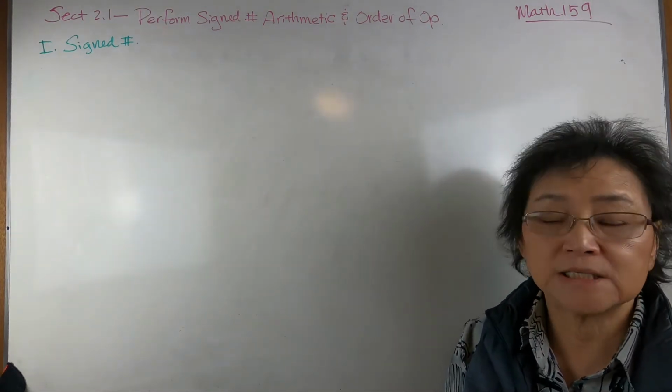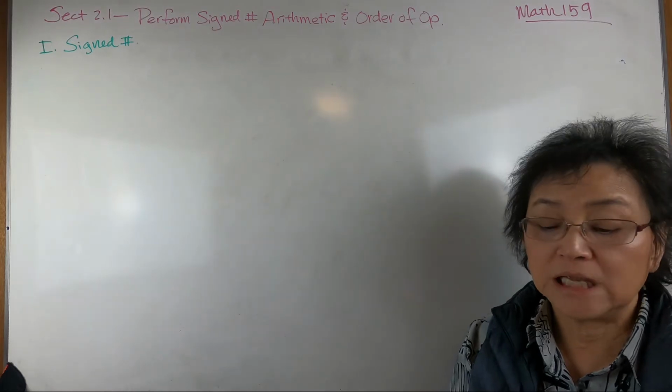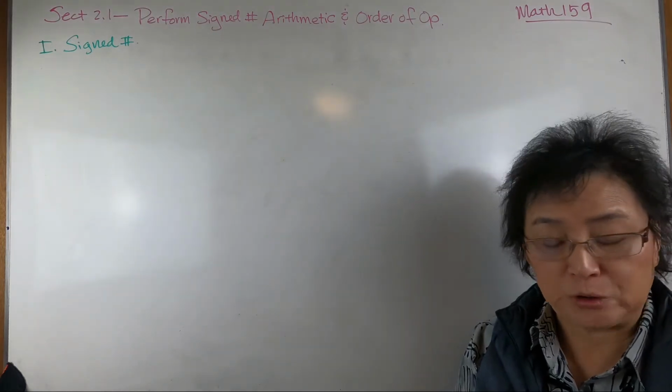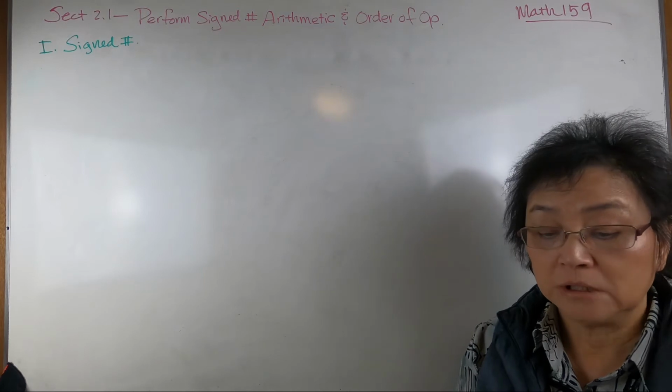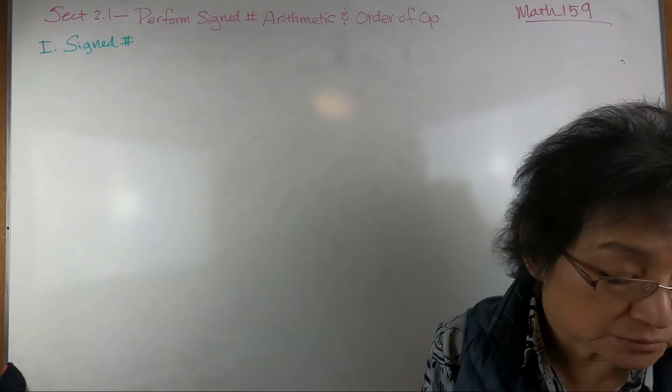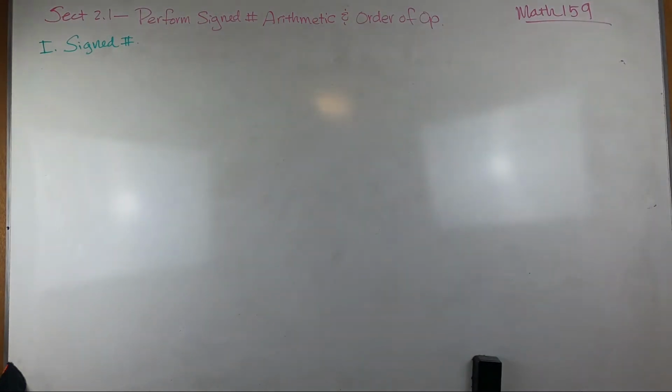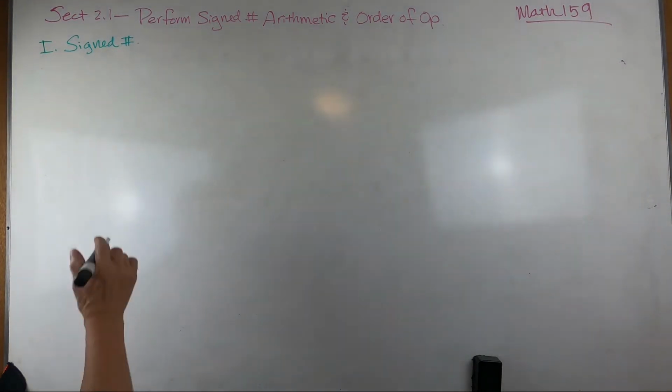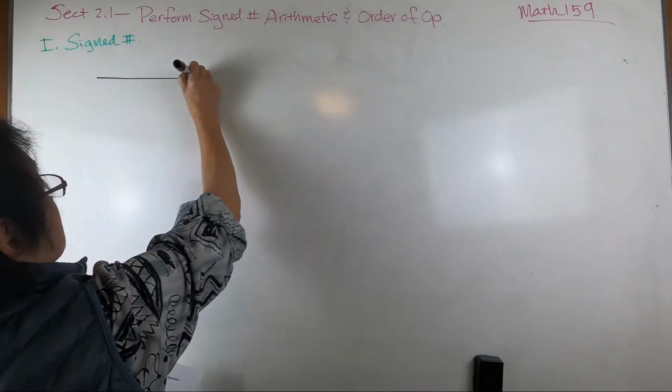However, just in case you forgot, we are going to do some review. You need to know how to handle the signed numbers for add, subtract, multiply, and divide, and follow the order of operations. Okay, let's talk about signed numbers first.